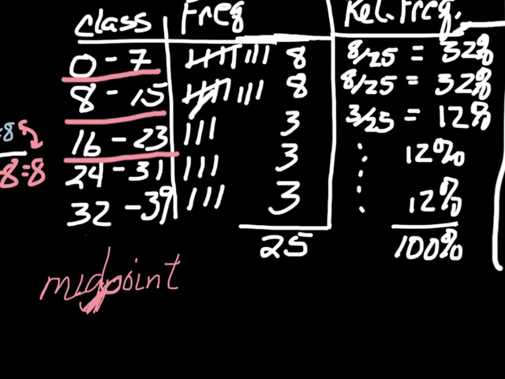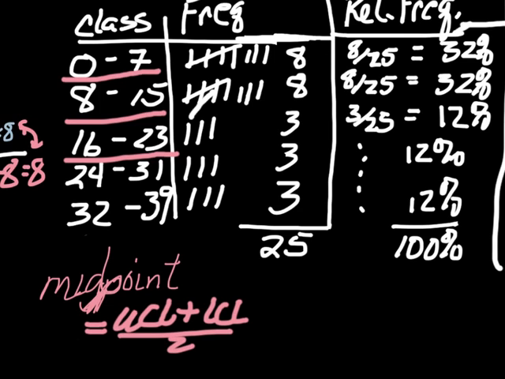So how do you find the midpoint? Well, you take the upper class limit plus the lower class limit, and you divide them by 2. So in our case, 0 plus 7 is 7, divided by 2 is 3.5. So the midpoint of this interval is 3.5.